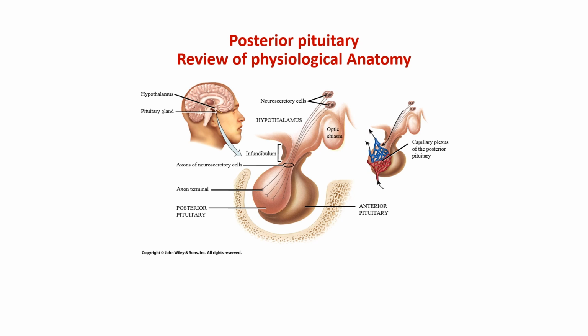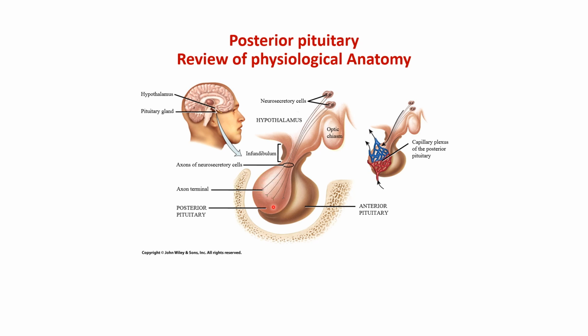This slide reminds you of the physiological anatomy of the pituitary gland. This is the posterior lobe right here. The posterior lobe, unlike the anterior lobe, does not synthesize the hormones.